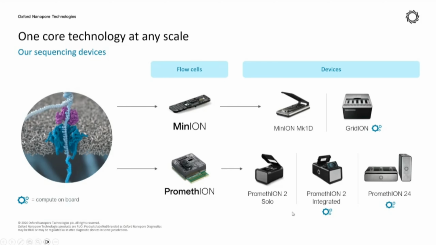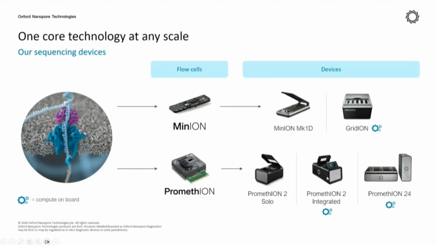The difference between the Solo and the Integrated, as well as the devices with the blue icons that you see over here, is that those devices come with GPU cards that help with real-time base calling of the data from electrical signals to bases. For devices that do not come with integrated GPUs, normally we need a computer installed with GPU cards, like an NVIDIA GPU card, or maybe a gaming computer equipped with a good graphics card. So yeah.